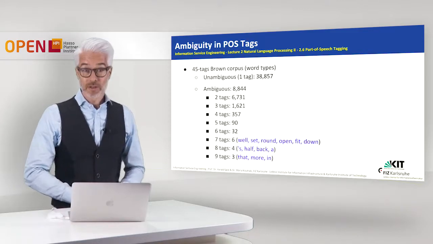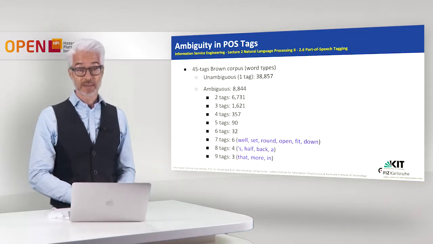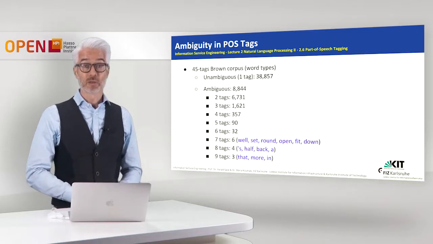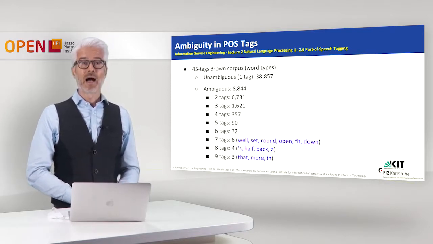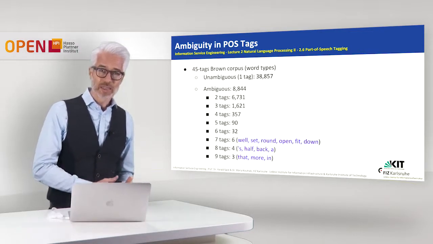So just to give you some statistical information about the ambiguity of POS tags, in our Brown corpus that is labeled with these 45 tags that we have seen, we have unambiguous tags, so words which only have one tag.